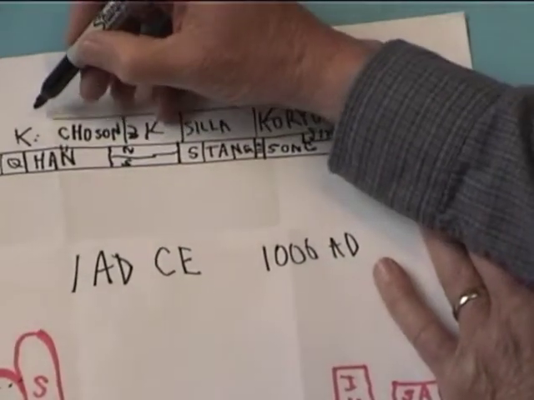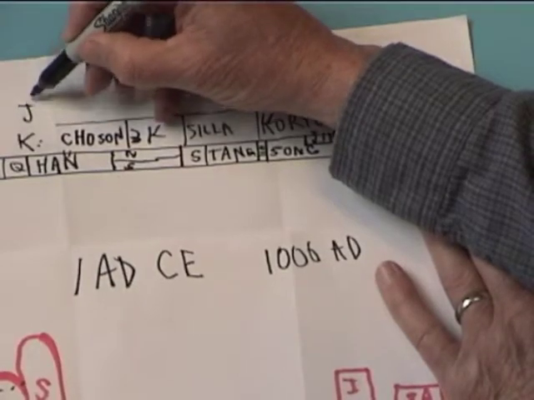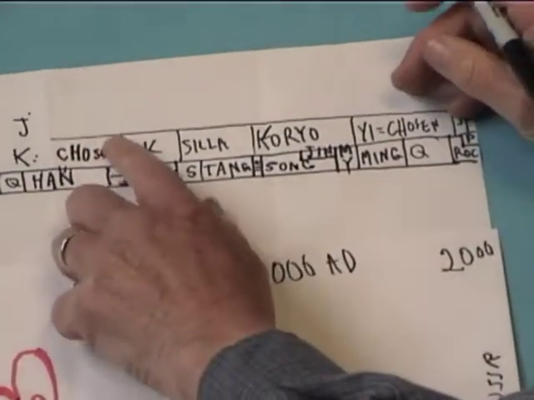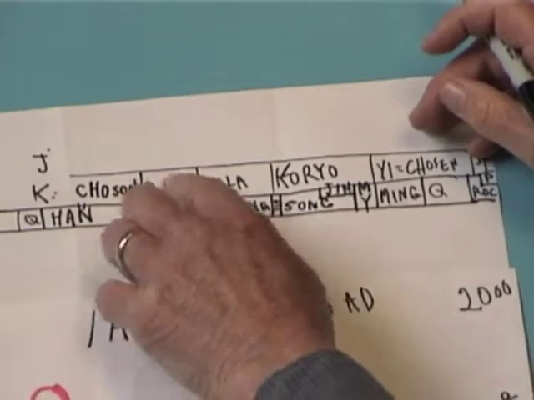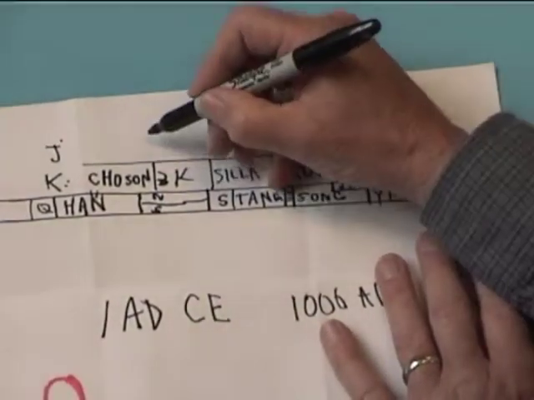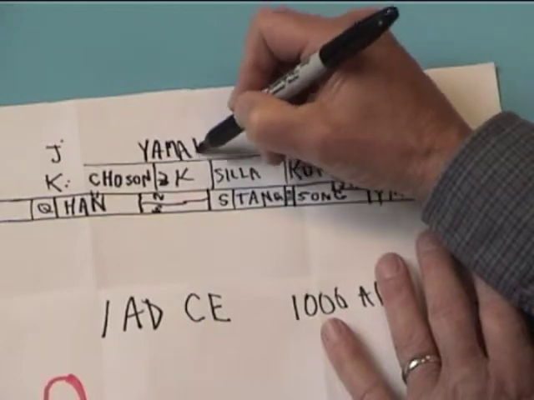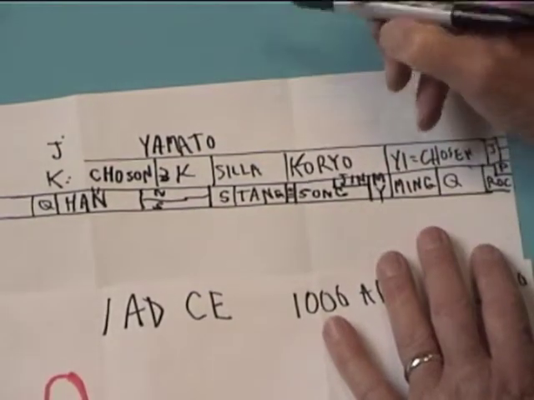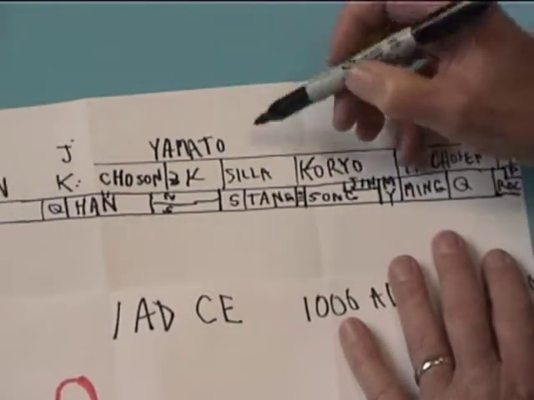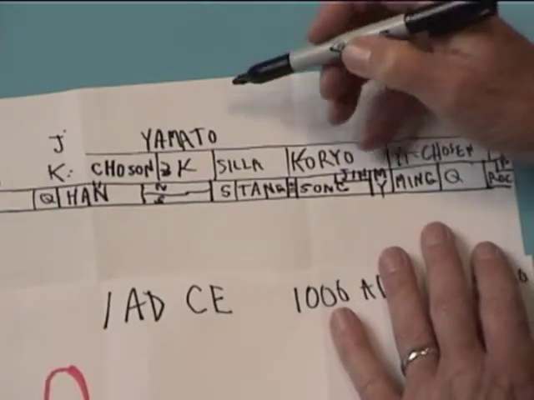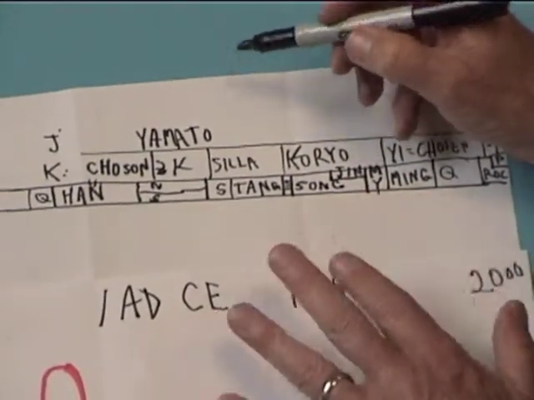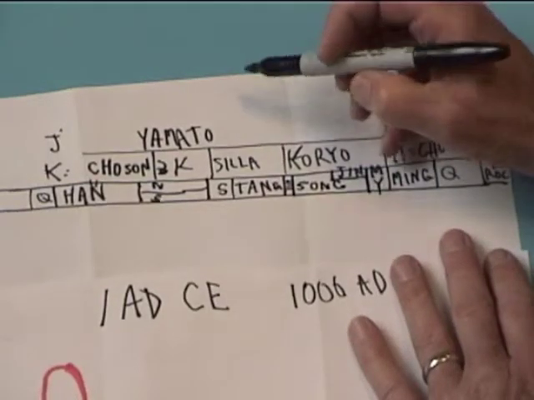To continue above that with Japan. In the early years after 1 AD, the era was called the Yamato era. And then in the 600s there was a period of reform and making the central government more important.